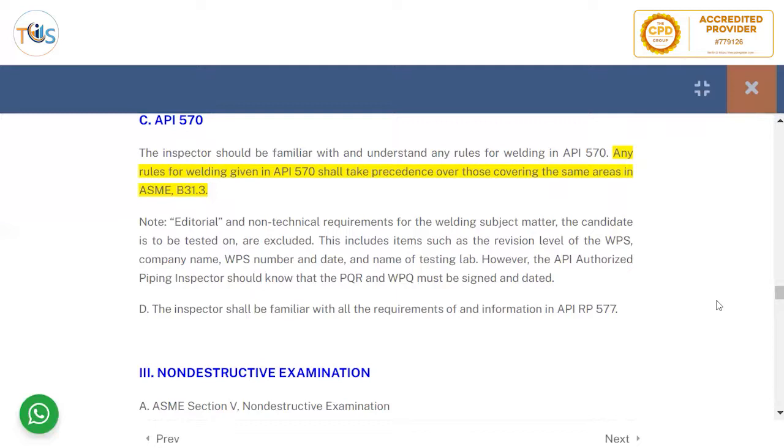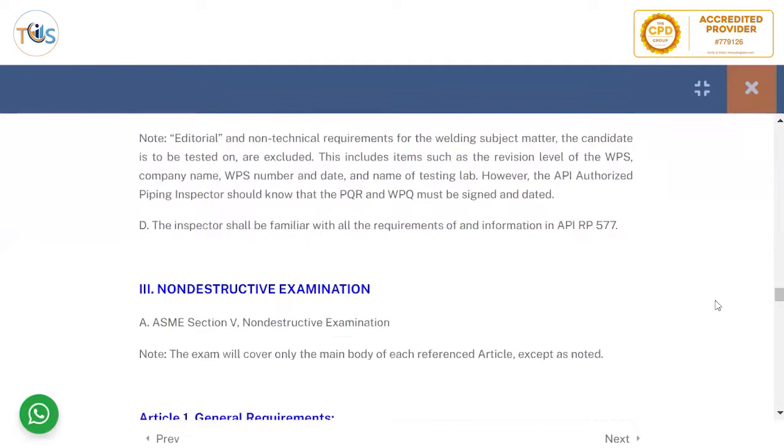If there is any contradiction between API 570 and B31.3, which is the construction code for piping, then API 570 takes precedence. It's got the priority, but you should also appreciate the fact that most of the API 570 is based on B31.3.